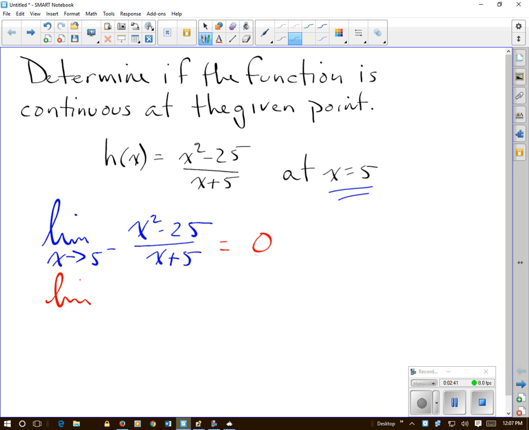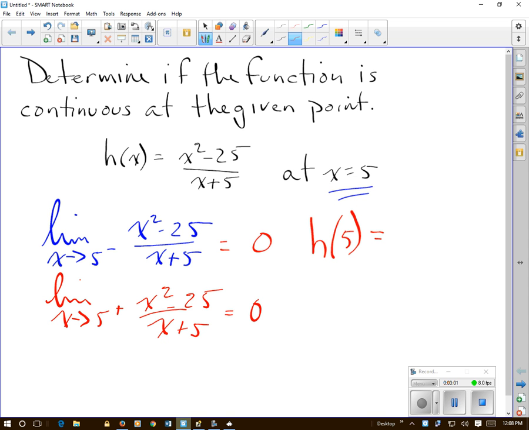and the limit as x approaches 5 from the right of this function appears to be 0. Now we need to look at, well, what is h of 5? First of all, does it exist? And if so, what's its value?